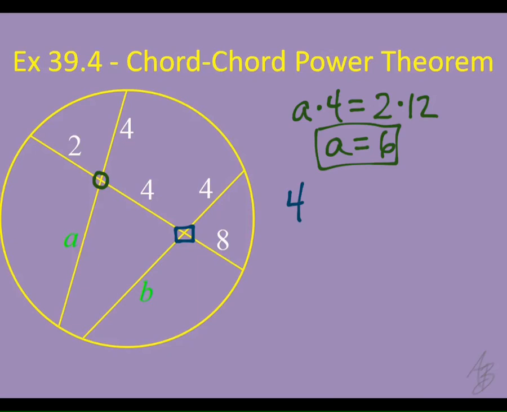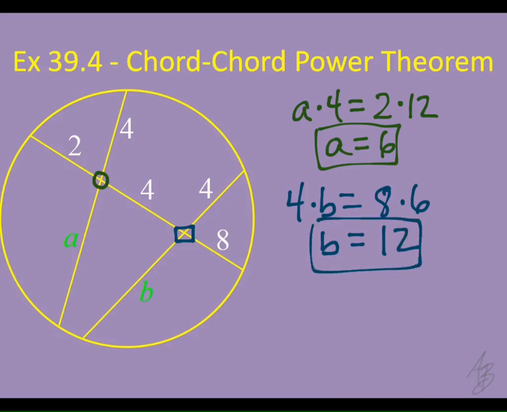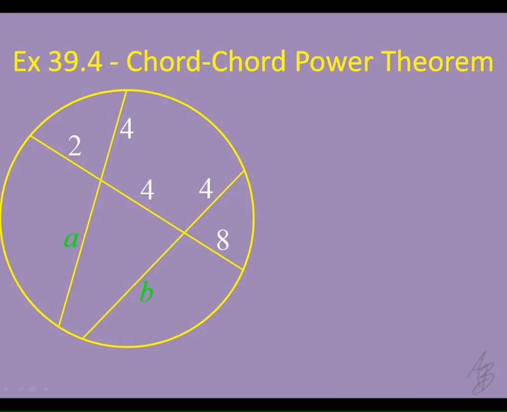Okay, so 4 times B equals 8 times 6. Do you guys agree with that? Yep. Divide both sides by 4 and you get B equals 12. Any questions about that one? Okay, flip it back over.